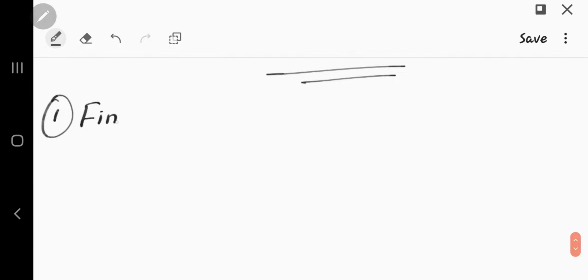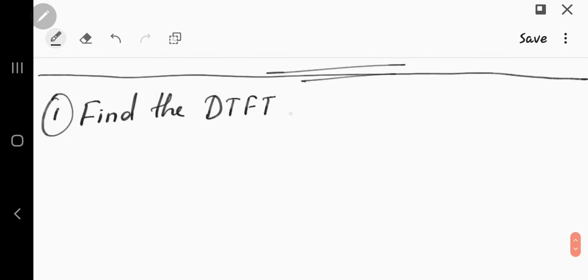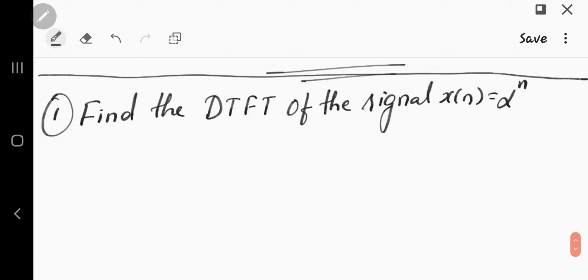In this given, find the DTFT of the signal x of n is equal to alpha to the power n into u of n.